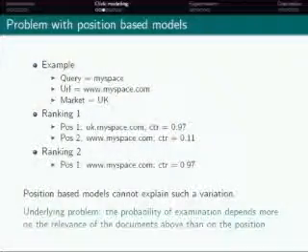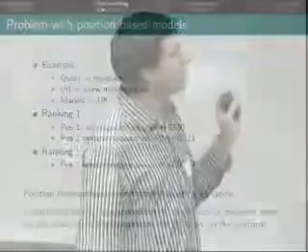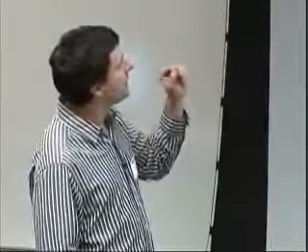Okay. So here's an example of why a position-based model is not good. We looked at some query logs. It was in the UK, and the query was MySpace, and the URL of interest was www.myspace.com. Because of the variations in the engine, sometimes uk.myspace.com was shown in first position, and sometimes www.myspace.com was shown in first position.